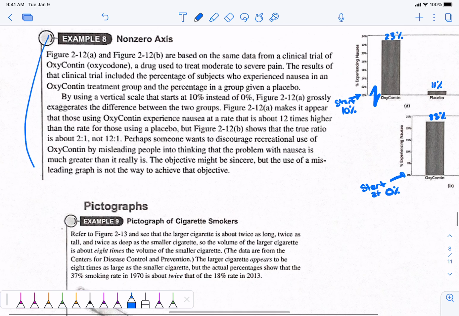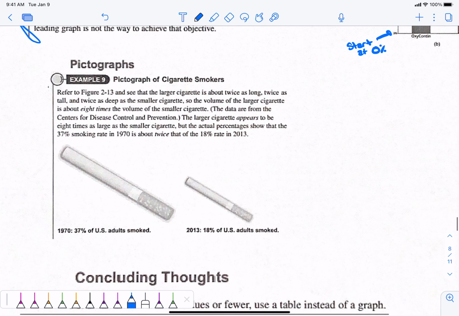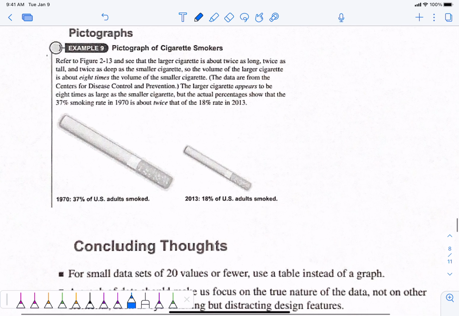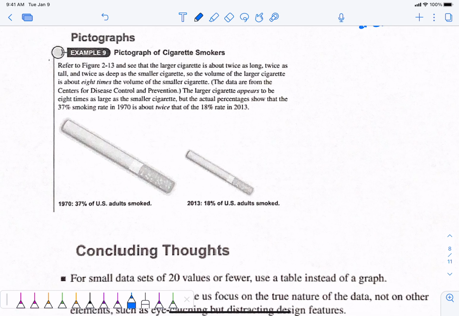I'm not going to read this whole paragraph because we don't want to do that. The last thing before our concluding thoughts is a pictograph. Sometimes they'll do this in elementary school because kids like to look at pictures rather than at a bar graph, okay?